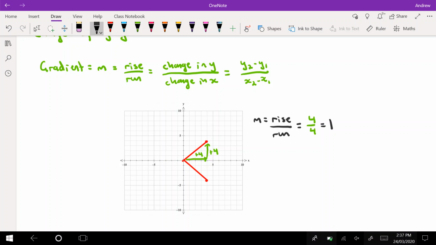Y increases by 1 as x increases by 1. Other way around. Well, here my run is still 4. I'm still going the exact same distance across. But now instead of positive 4, what will my rise be? Negative 4, because I'm going 4 down.